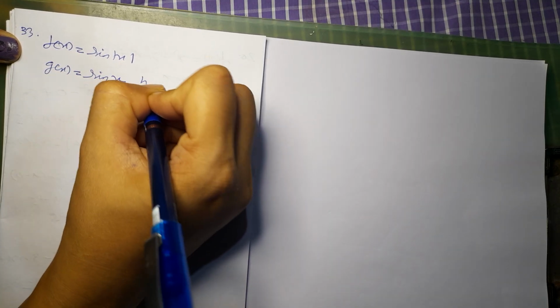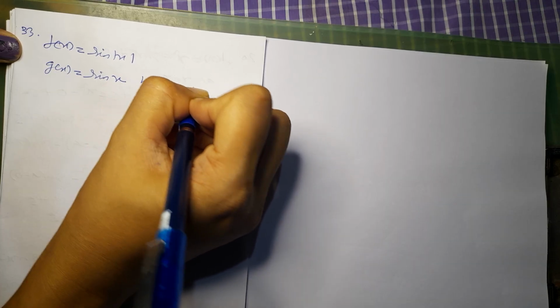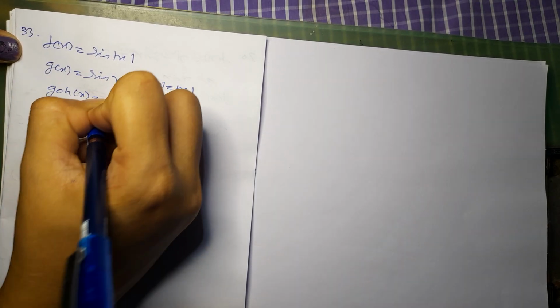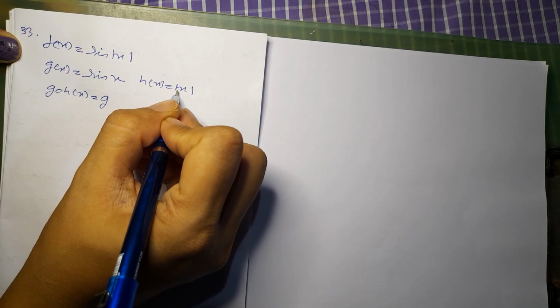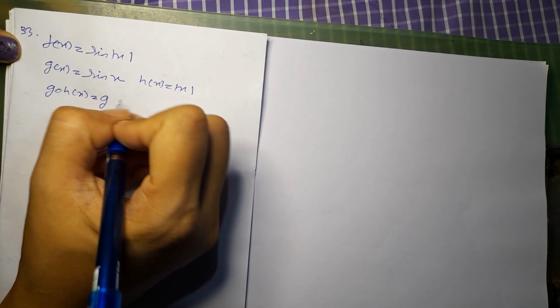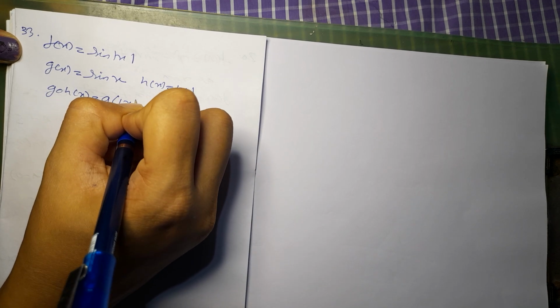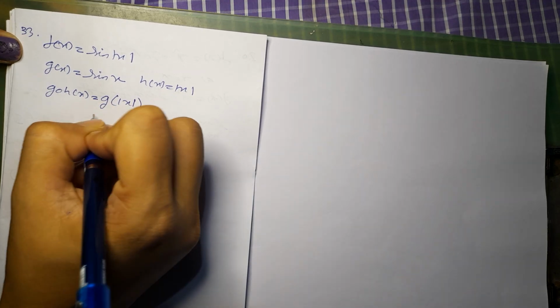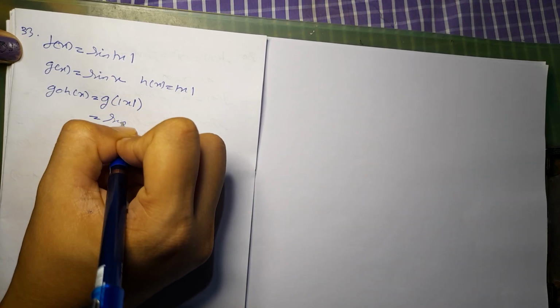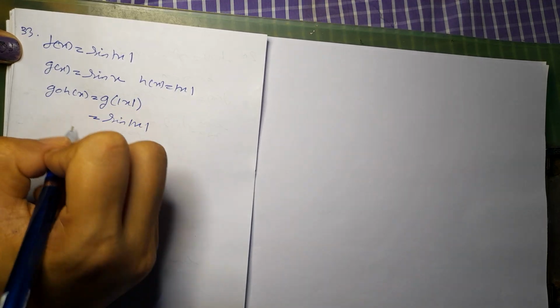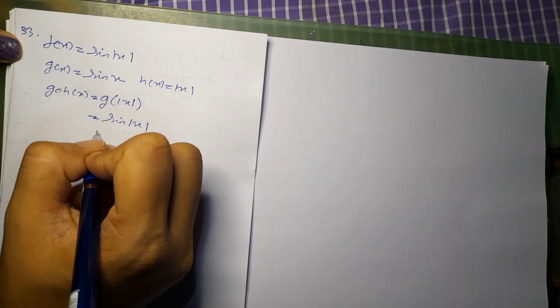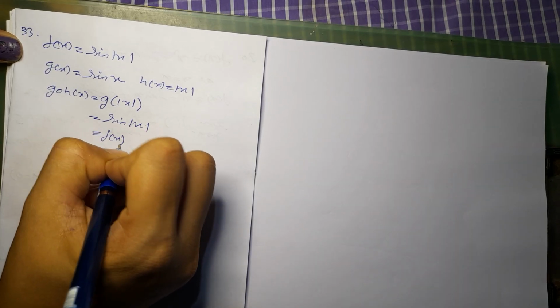So g of x will be sin x and h of x will be modulus of x. So g of h of x, where h of x is modulus x, and g of x is sin x, so sin modulus x. So this is f of x.